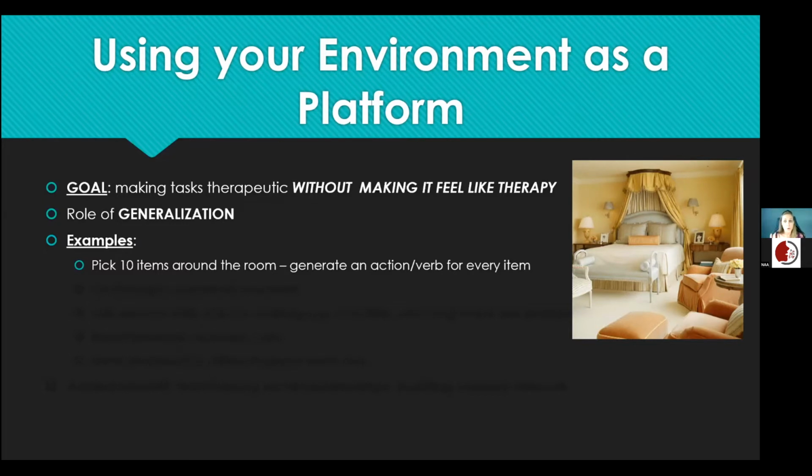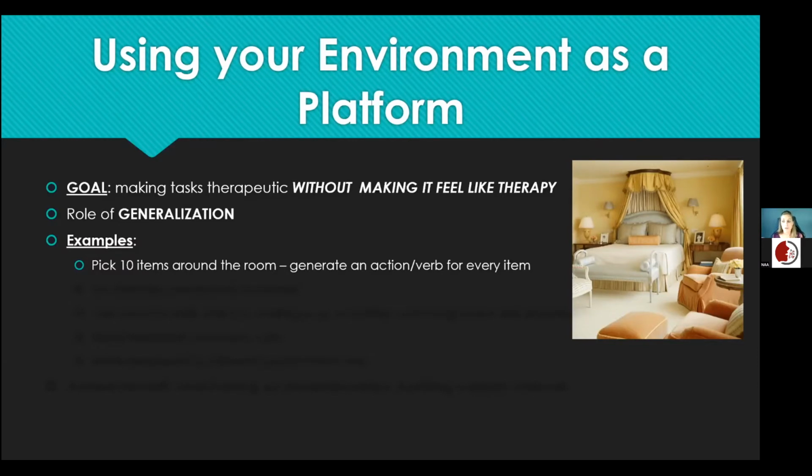They are the core of our sentences and they're really important to work on. So you'll hear me mention verbs a couple of times today. If you're in the bedroom and you find a couple items like your bed, you could say sleep; lamp, turn on; chair, sit. If you have trouble saying it, you could even gesture an action of what you do with the item.